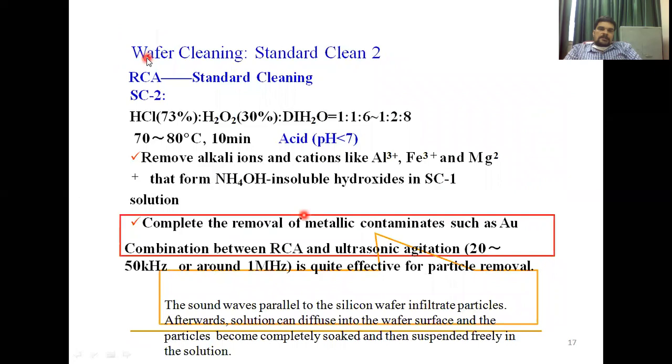Now, this is the standard clean 2 process. The standard cleaning process is the RCA process.